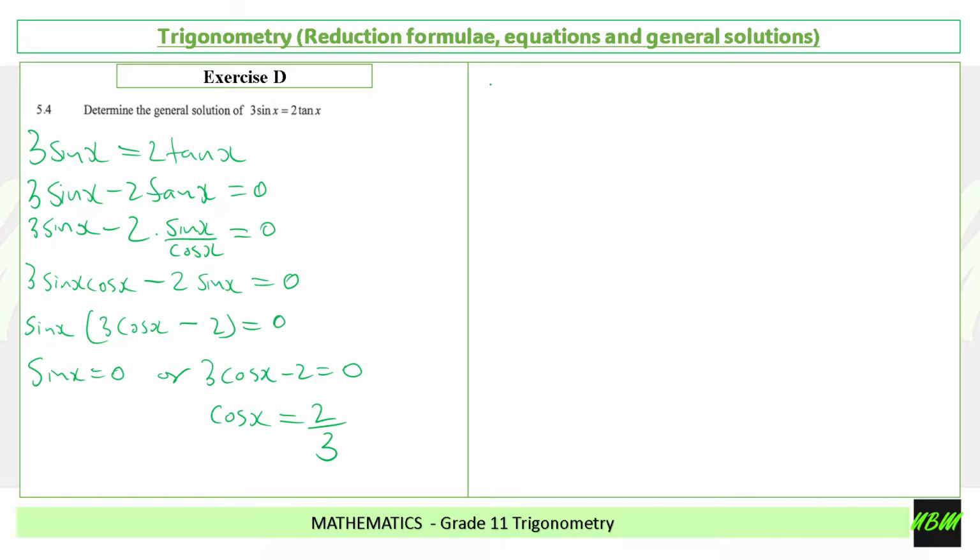Let's start with first the equation sine x is equal to 0. For the equation sine x is equal to 0, what will be the general solution? Now remember the general solution for sine.